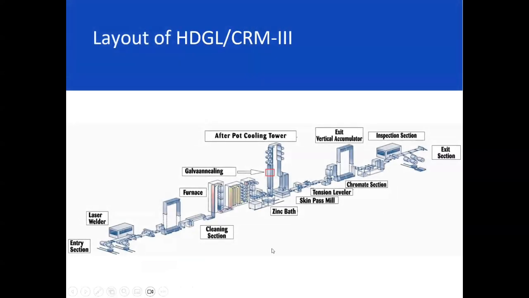Moving on, this is a basic generic layout of a continuous galvanizing line. Ours is a continuous galvanizing line. We have two pass lines in the entry and then a laser welder to join the two coils. These are the loopers, the entry looper and the exit looper, housing around half a kilometer of strip.